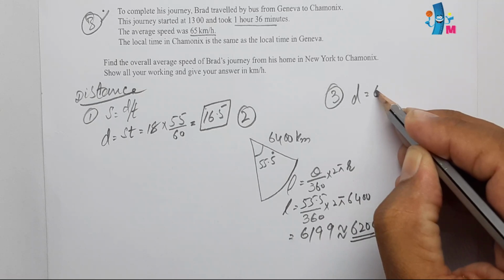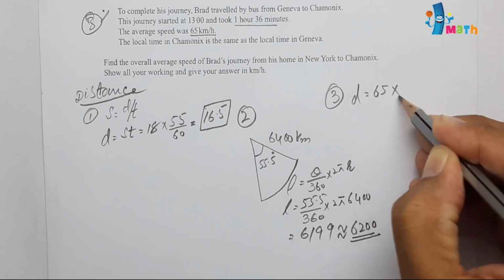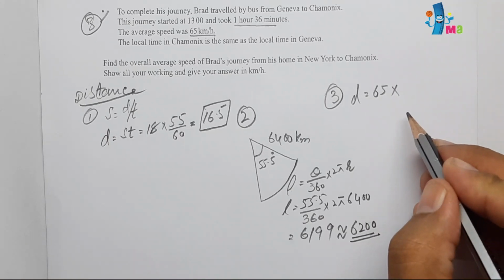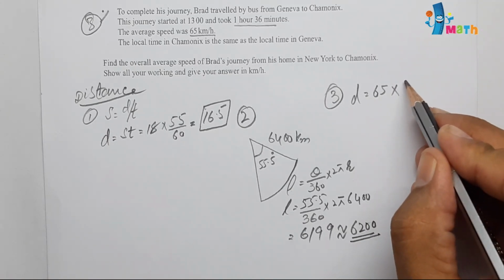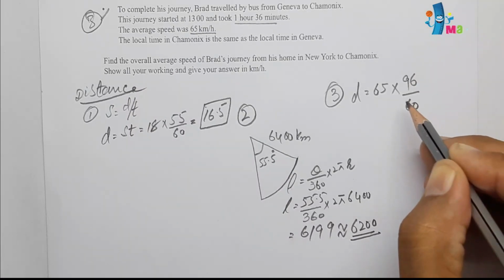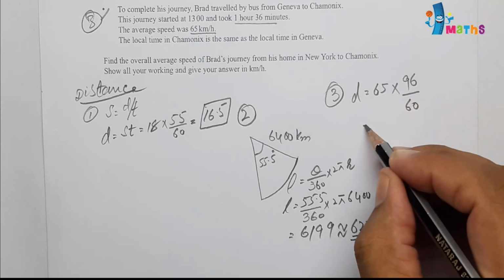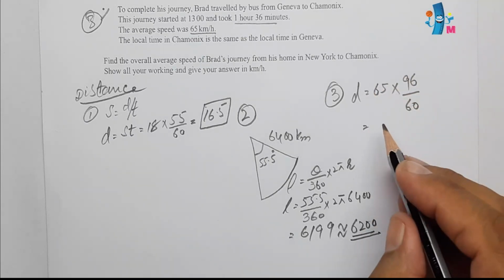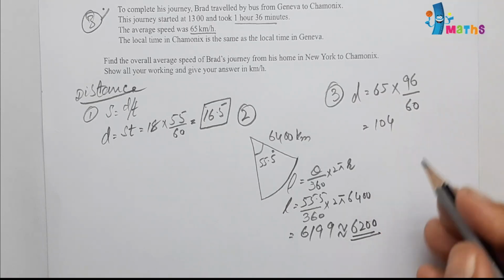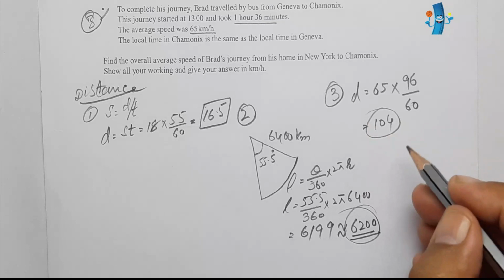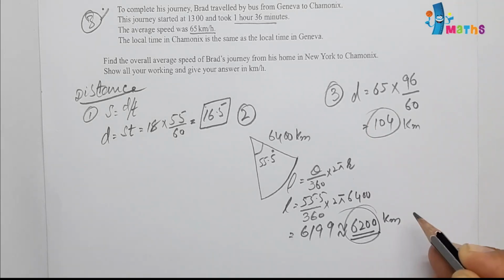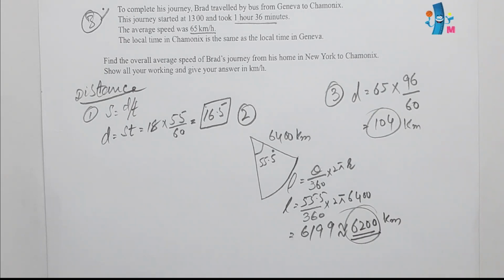Speed is 65 kilometers per hour and time is 1 hour 36 minutes, which is 96 minutes divided by 60, so this will be in hours. If we calculate this, it will be 104 kilometers. So we calculated 3 distances for 3 different parts of the journey.